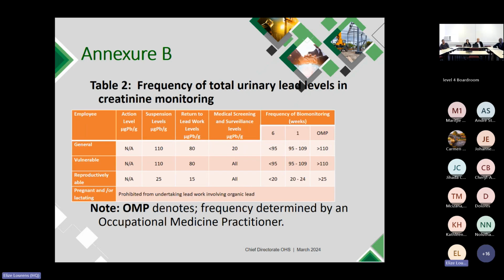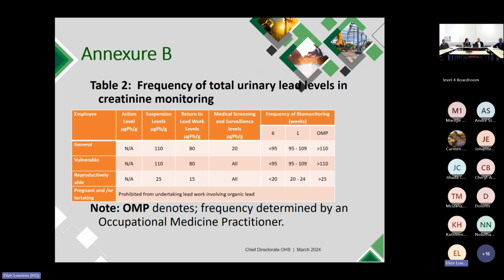Then table 2 is the frequency for total urinary lead levels. Once again, the first column talks about the different kinds of employees, and then the action level is not applicable for urinary lead. Then we have the suspension level, return to work, and then medical screening and surveillance, and then the frequency of biomonitoring. Once again, there are some sections where the frequency is left up to the occupational medicine practitioner to determine.